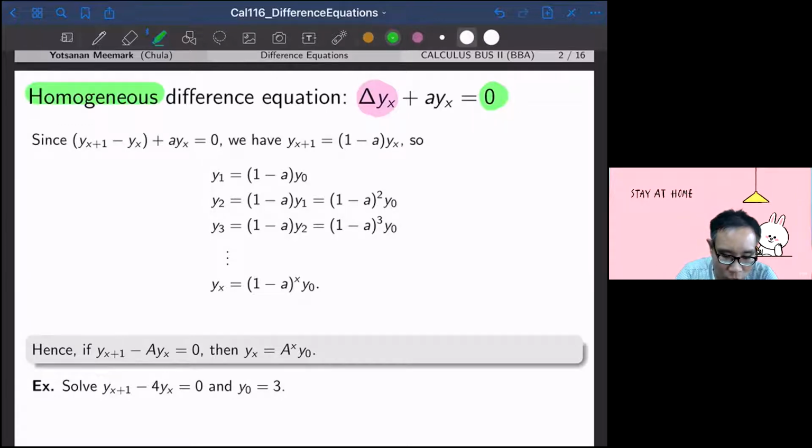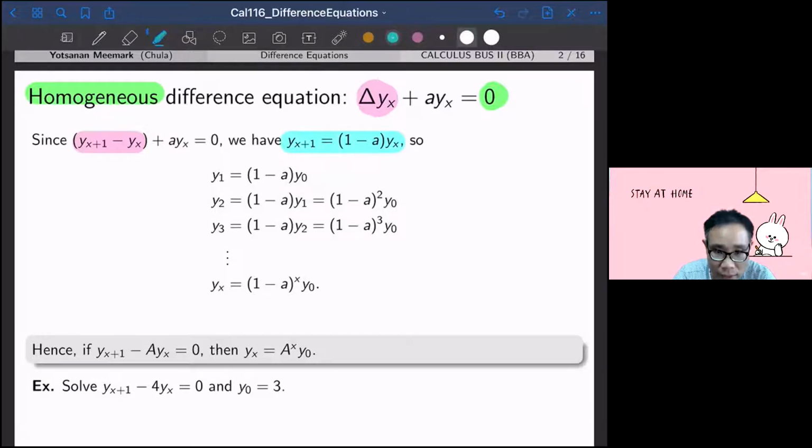From delta y_x being y_(x+1) minus y_x, it is written in the form y_(x+1) minus y_x plus a y_x equal to 0. You'll be able to write this as y_(x+1) equal to (1 minus a) times y_x. This is the thing that we would like to solve, and the thing that we would like to find is y_x.